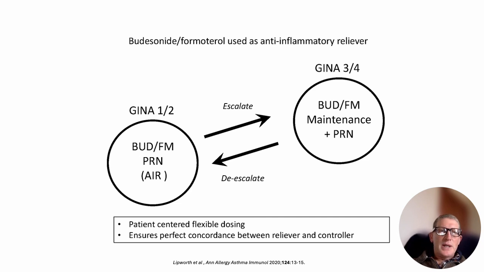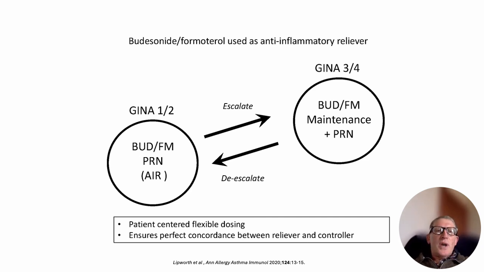Use more when you need it and less when you don't, and then patients will automatically adjust the dose of their anti-inflammatory reliever therapy depending on prevailing trigger factors. So as you've probably gathered, I like to think of a continual spectrum of mild to moderate asthma rather than pigeonholing it into mild asthma and moderate asthma, because that makes sense depending on the prevailing triggers.